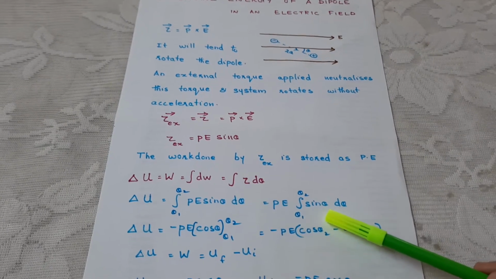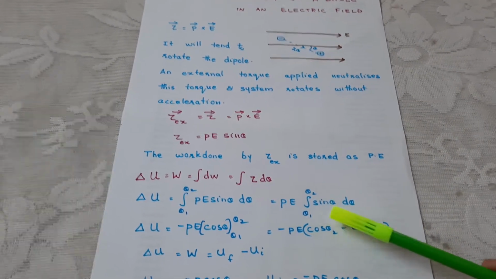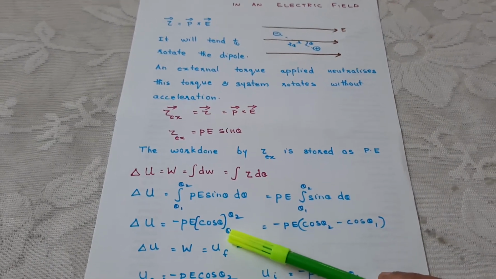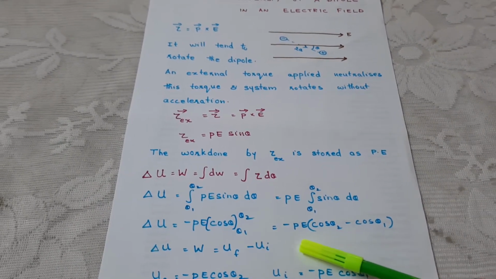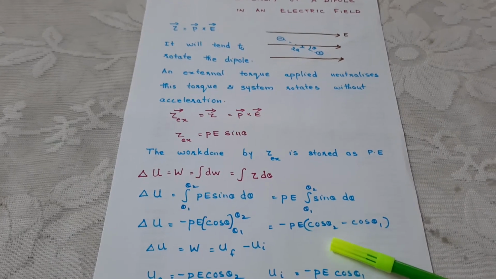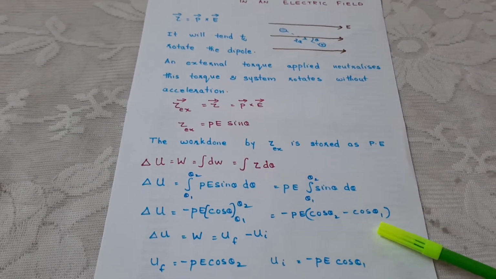But integral sin theta d theta is minus cos theta. And on applying limits, minus pE cos theta 2 minus cos theta 1.